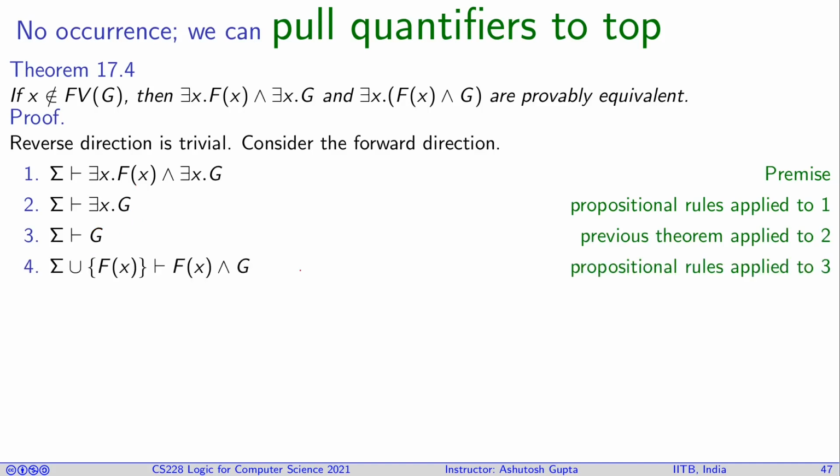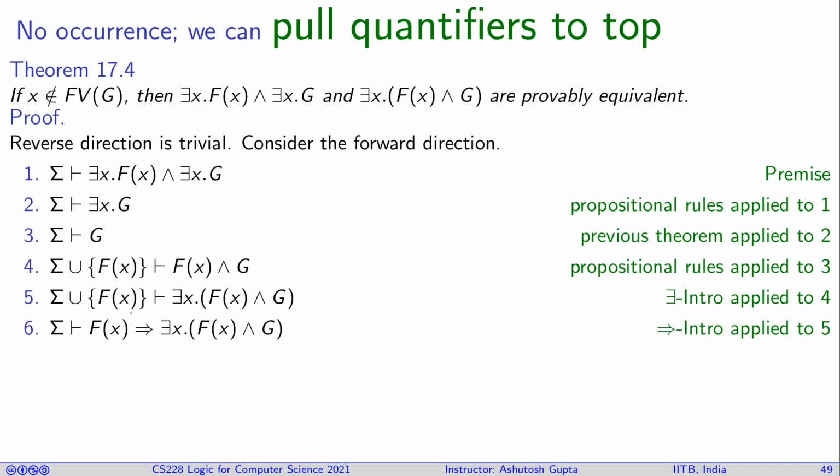Now the usual trick of the exists quantifier: we assume f of x and write f of x and g, then introduce exists x here. Because I have evidence for x, this is true, so I can simply say there exists x, f of x and g.